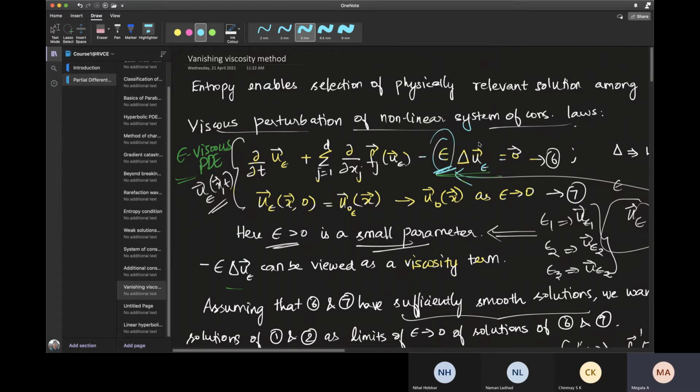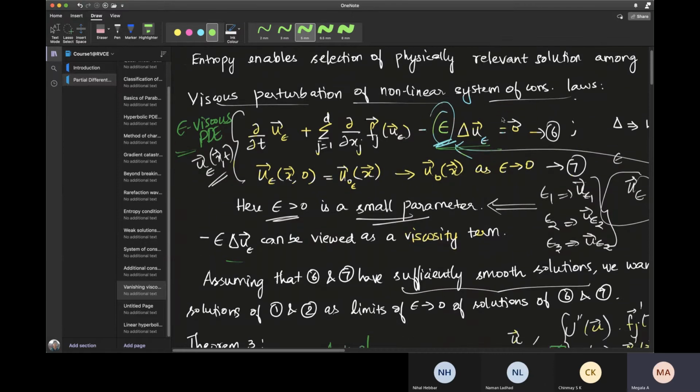If epsilon is positive, then the solutions dampen, and if epsilon is negative, the solutions blow up. This is a physical argument that has been used in most of the texts.